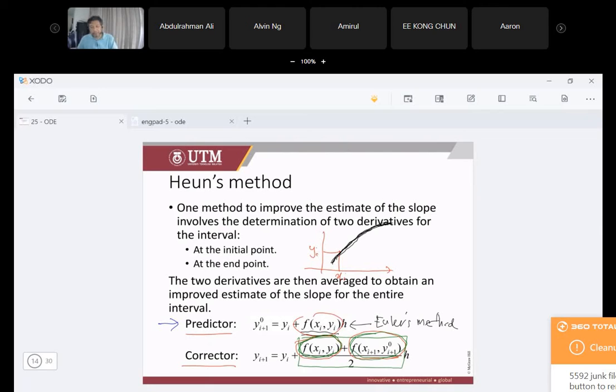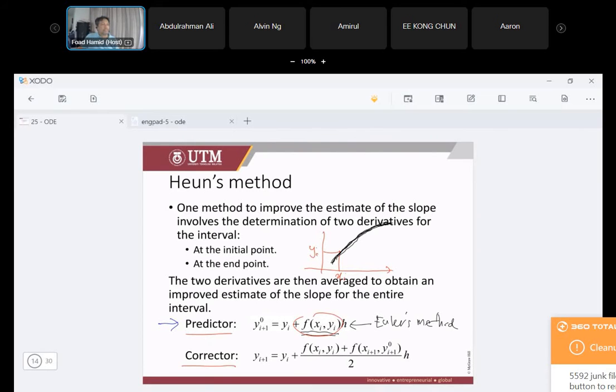I think you learned this before. Anybody home? Nobody home? Anyone? If I have two values, for example, 2 and 4, and I divide by 2, 2 plus 4 divided by 2, what is that?